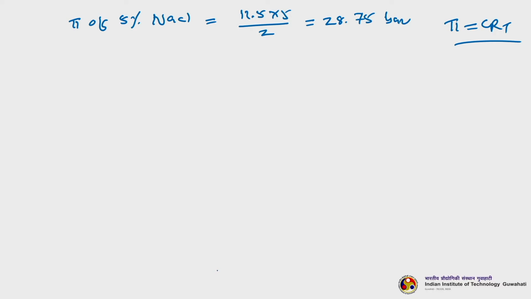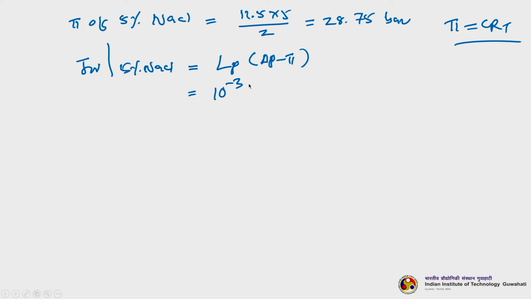Now, the water flux JW for 5% NaCl equals Lp into delta P minus delta pi. That is 10 to the power of minus 3, the Lp we just calculated, into 100 minus 28.75.